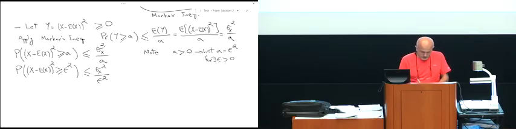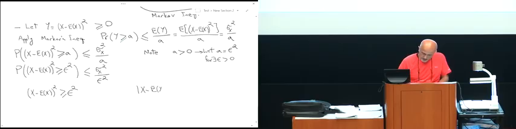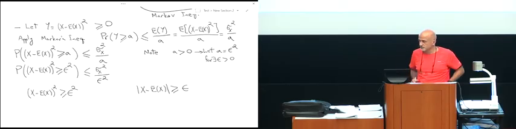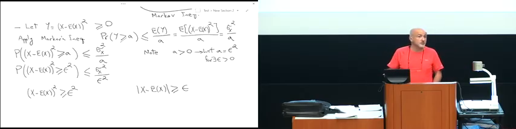Now what I'm going to do is talk to you about the event x minus E of x quantity squared being greater than or equal to epsilon squared, and the event absolute value of x minus E of x greater than or equal to epsilon. How are these two events related? They're the same.